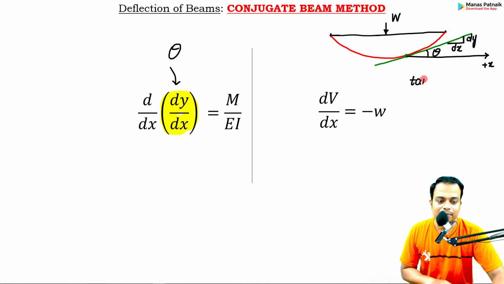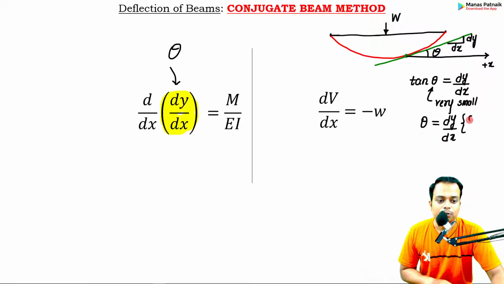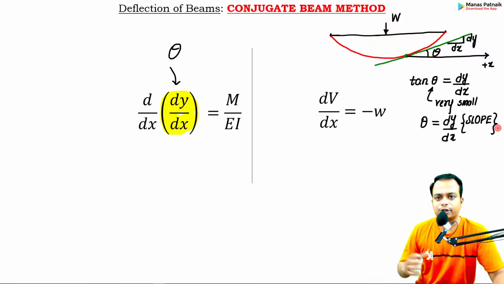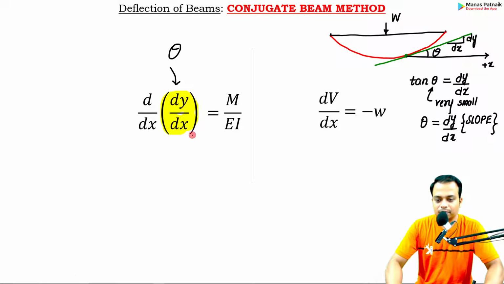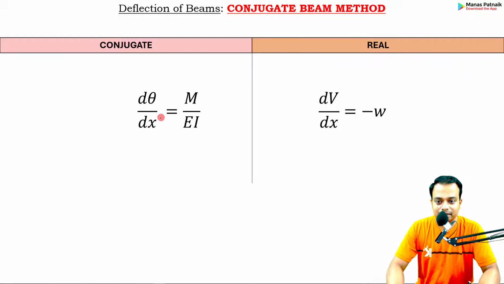So tan theta is essentially equal to dy over dx. If theta is very, very small, tan theta can be approximated as theta, and theta is equal to dy over dx, which is popularly known as slope. This is something that you have learned in trigonometry, in coordinate geometry. Now, let me replace this dy by dx by theta, and here we go.